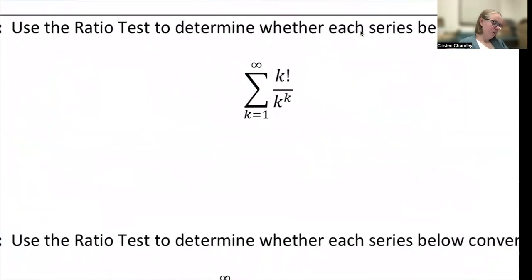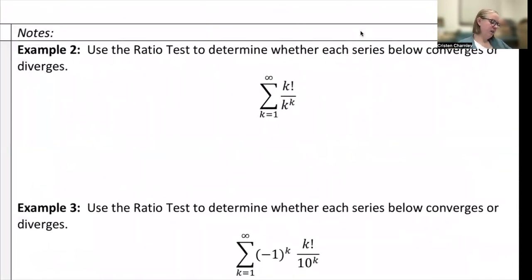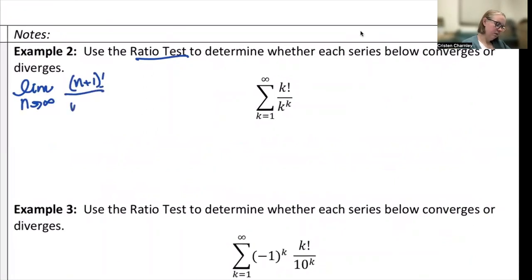Use the ratio test to determine whether each series below converges or diverges. So I know I'm using the ratio test. Looks like this.